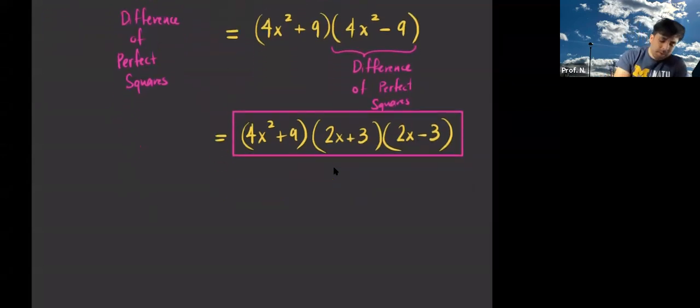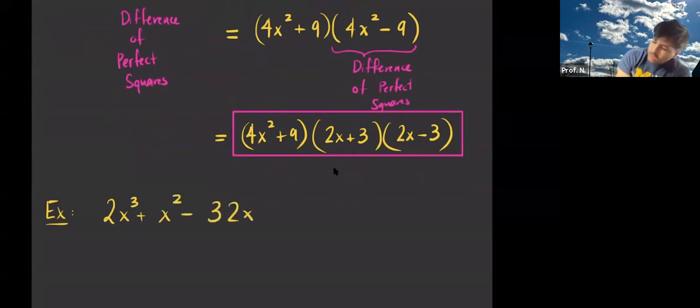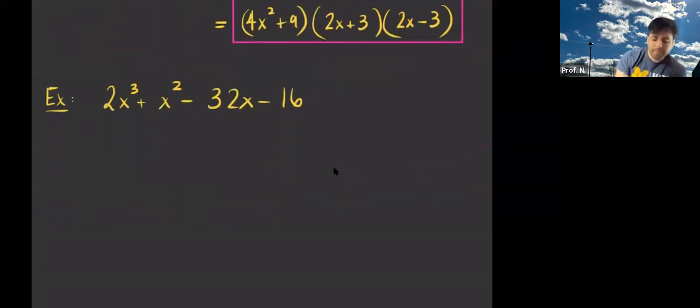Okay, so I'm gonna do one more and then we can move on. So what if I get something like this? 2x cubed plus x squared minus 32x minus 16.